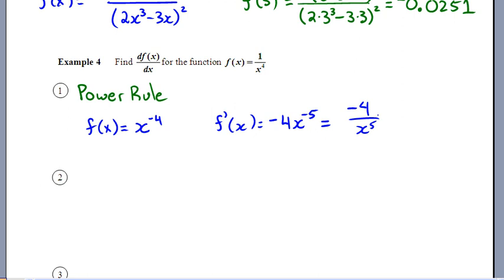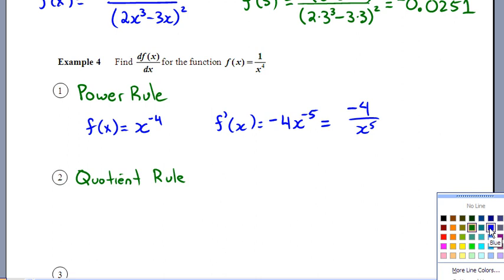Don't need the quotient rule. Or you might say, no, I like following the rules. I learned this rule about the quotient rule. Okay, fine. Or sorry, I didn't need the reciprocal rule. Here we go using the quotient rule. You could say, okay, let's look at that thing as a fraction.